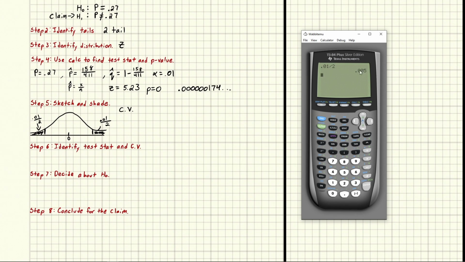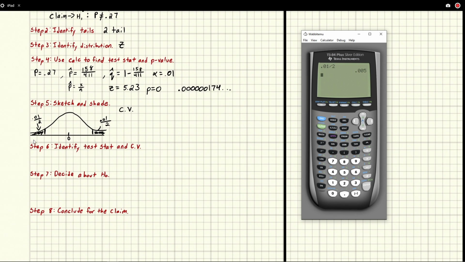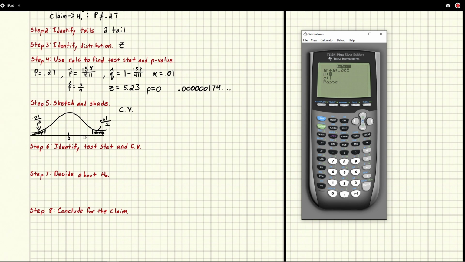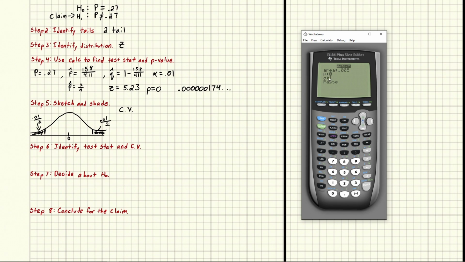That gives us 0.005. So what we need to do is take an inverse of this. So if we go to the distribution menu, we hit blue and then distribution, and then go to inverse normal, number 3. We give it our area. Now we just found it was 0.005. And since we're doing a z-score distribution, that's going to be a mean of 0 and a standard deviation of 1 because it's standard normal.